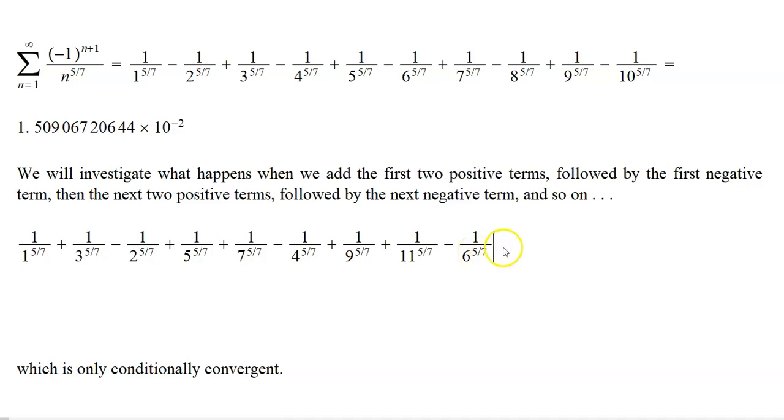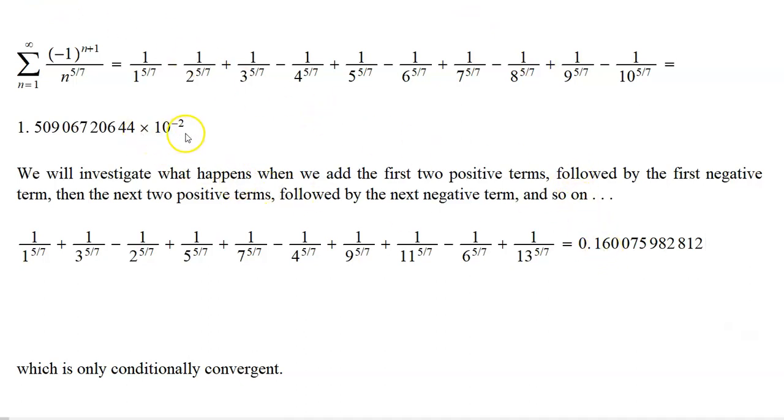Okay, so we want one more term after 11, which is 13. So I need to add 1 over 13 to the 5 over 7. Okay, so now, Maple, what are we going to get? 0.16.